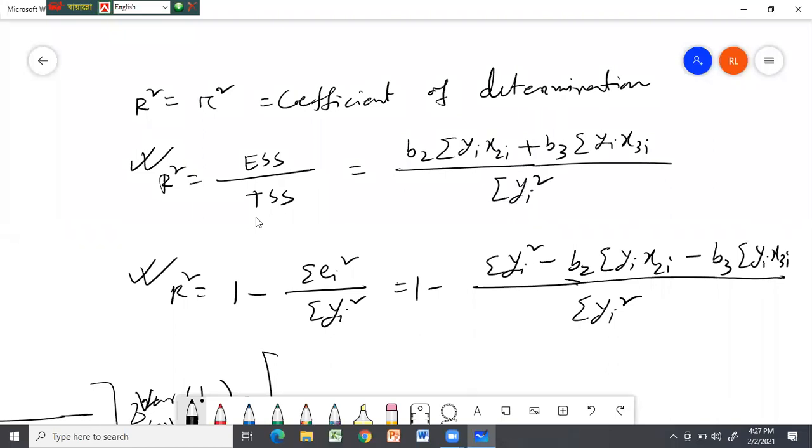So just replace the value, then you will get the value of R square from here. So apni B2, B3 value বসান and rest of the values are already given in your question. So এগুলো বসালে you will get the R square value.